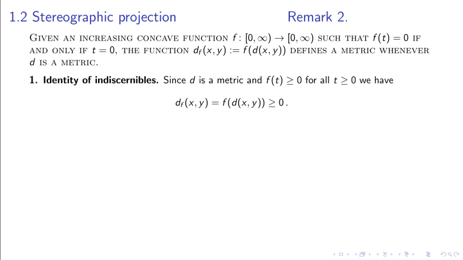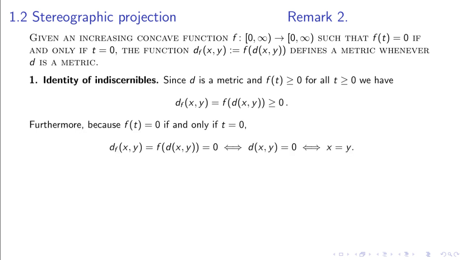First, identity of indiscernibles. Since d is a metric, d(x, y) is always greater or equal to 0. Because f is non-negative and increasing, f(d(x, y)) is also greater or equal to 0. So d_f(x, y) equals f(d(x, y)) is always non-negative. Moreover, by assumption, f(t) equals 0 if and only if t equals 0.